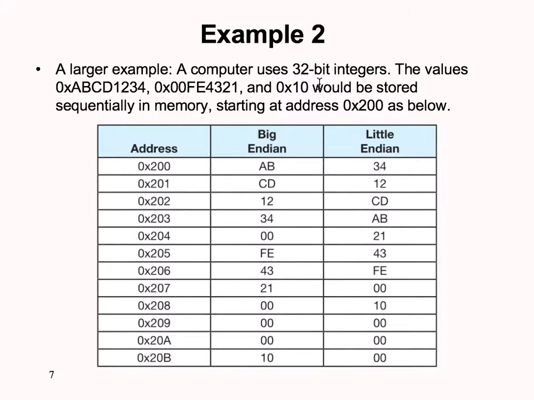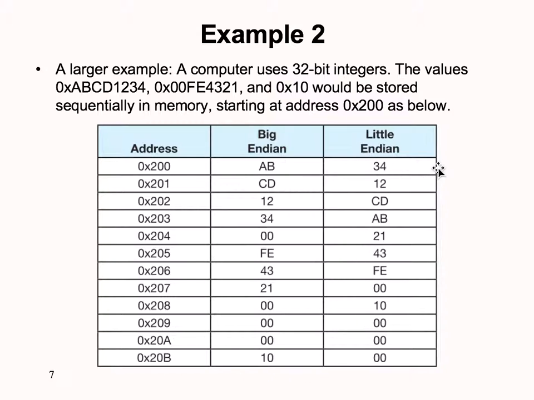We don't have enough information, so some 0 bytes are padded there. Basically, three 0 bytes have been padded, and the last byte is represented at address 20B, which corresponds to the variable 10.